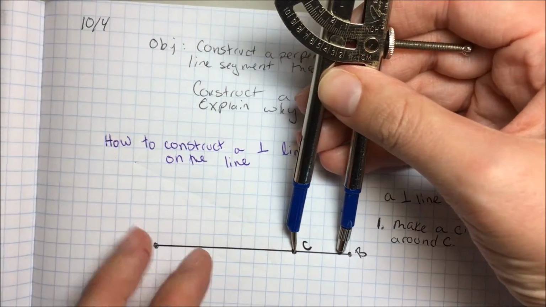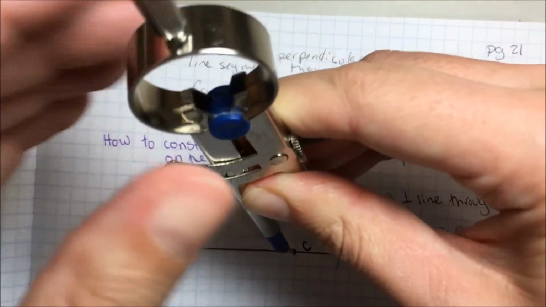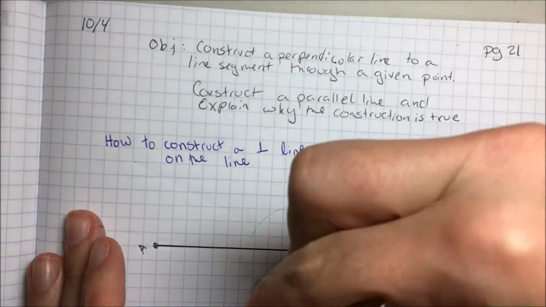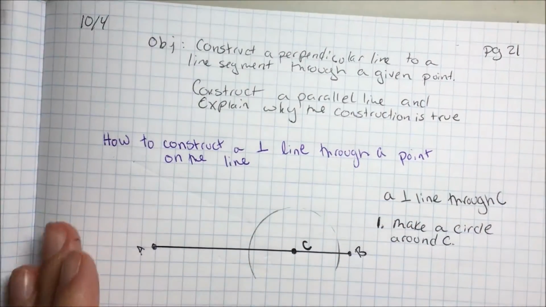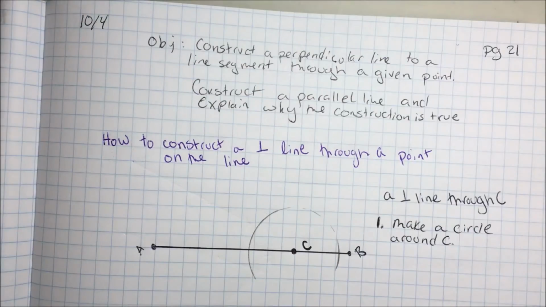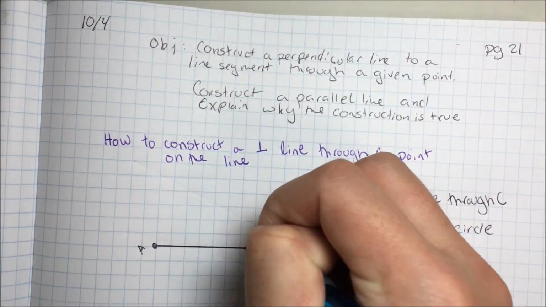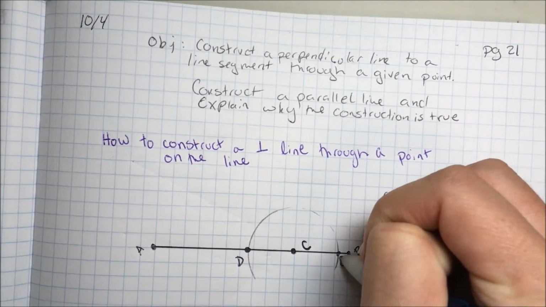So here's a good width because it'll cross on this side, and it'll cross on that side. Okay? So I've made my arc. I'm going to mark these 2 points as D and E.